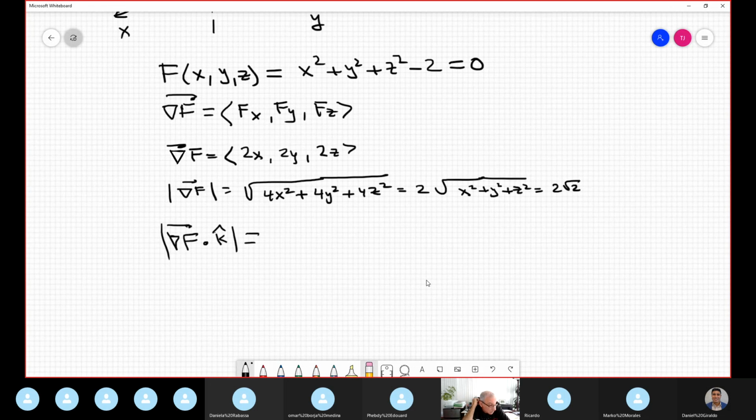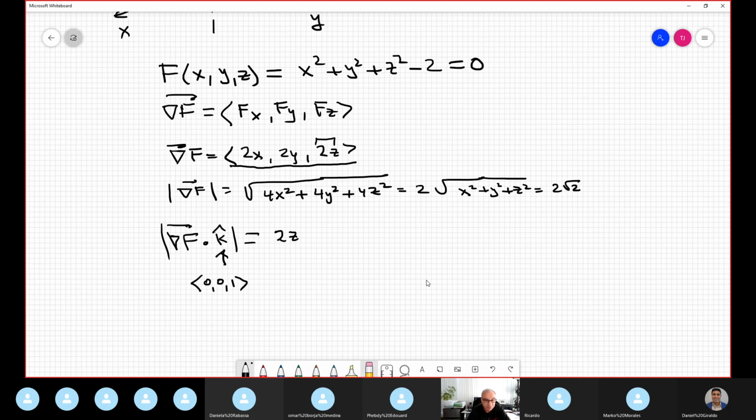But however, we can project onto another plane using j or i. So in this case, it is the dot product between this vector and the famous k vector, which is (0, 0, 1). The dot product is multiplication component by component and sum: 0 plus 0 plus 2z. This part is the component in k.